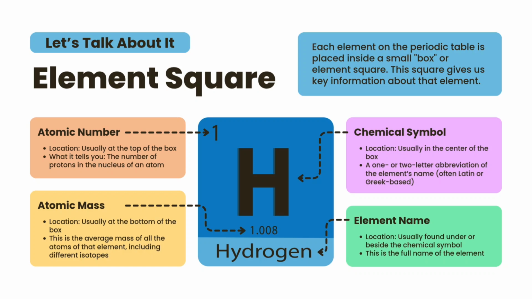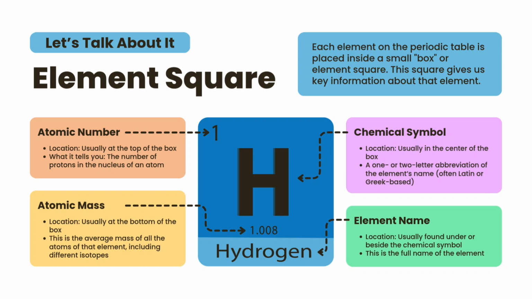It is a short form of the element's name. Below the symbol, we have the element name. At the bottom, we find the atomic mass, which represents the average mass of the element. By looking at the single element square, we can learn a lot about that element.